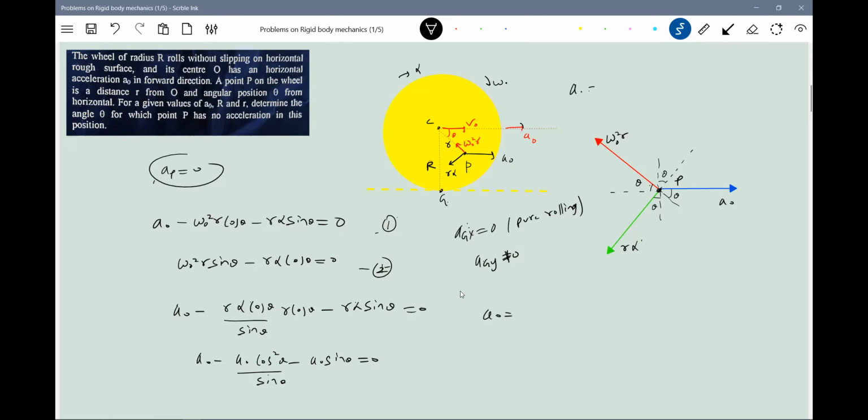A naught is equal to, in fact, capital R alpha. I'll change things. Alpha is also unknown, no? A naught alpha will be A naught by capital R cos square theta sin theta R.